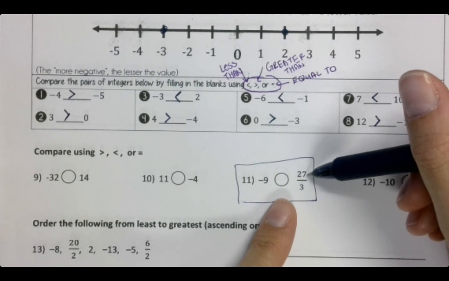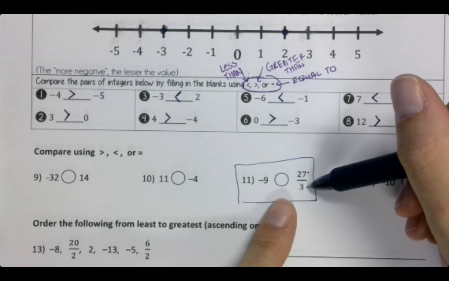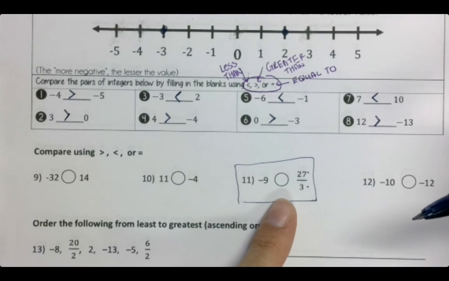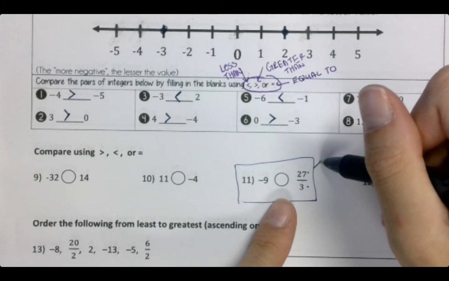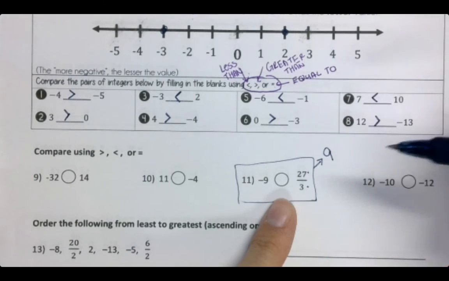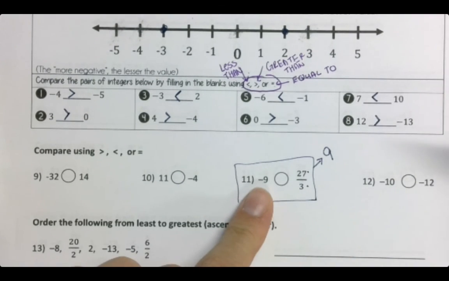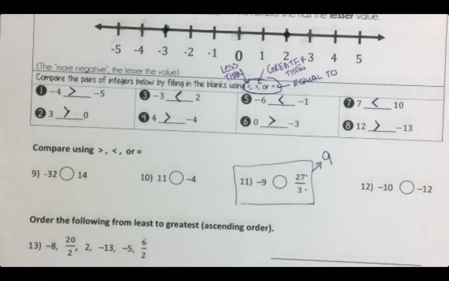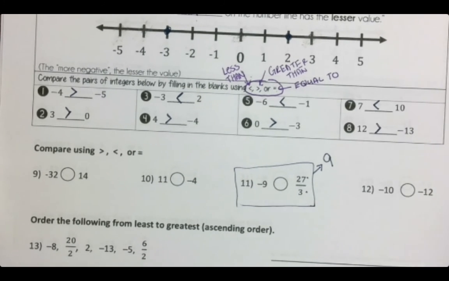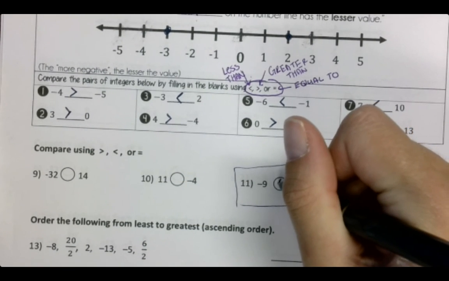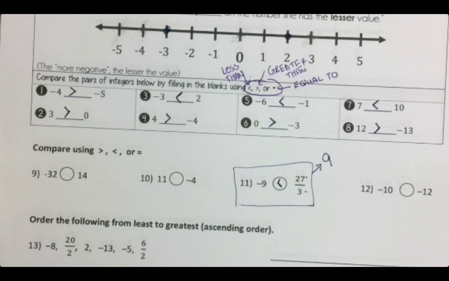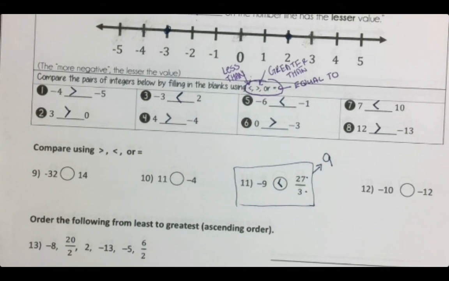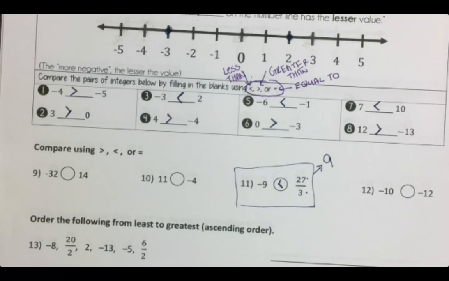But what is 27 divided by 3? 9. So we are actually comparing -9 and +9. Which one's bigger? +9. I definitely want to have +9 in my bank account rather than be in the hole, or be -$9. All right. So that's all we're doing when we compare numbers.